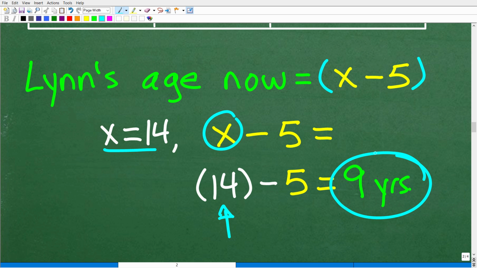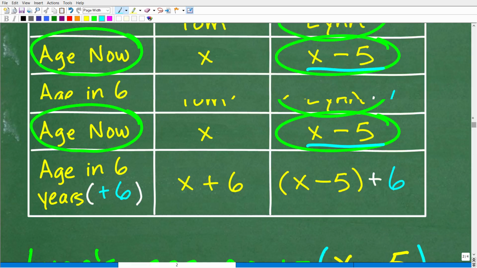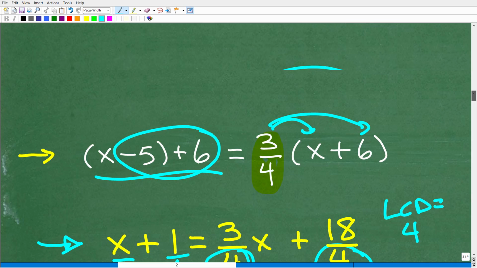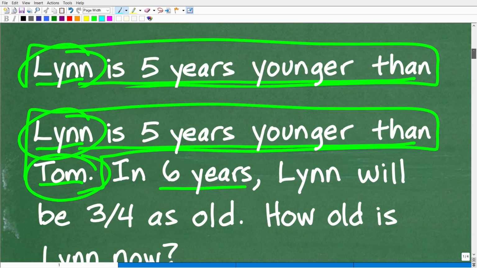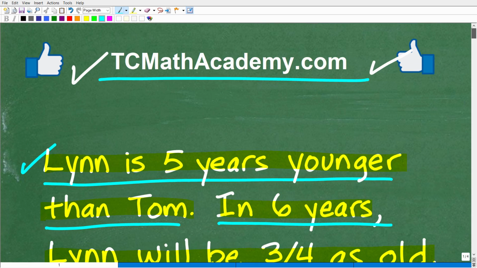Okay, so again, very classic type of algebra word problem. Now, all these problems are not going to be exactly the same, but they're going to be very similar. So the only way you're going to get better at algebra and word problems, again, is practice, practice, practice.